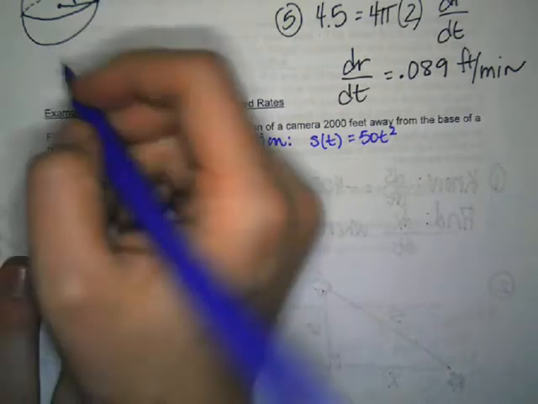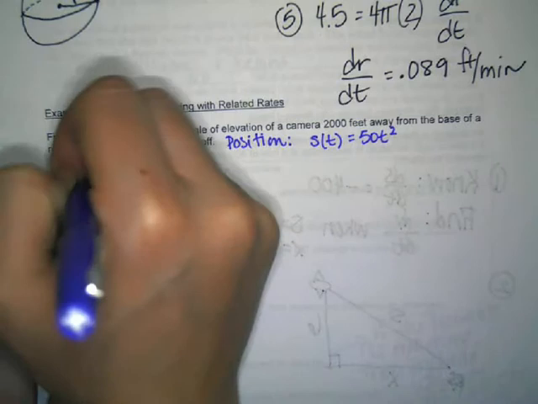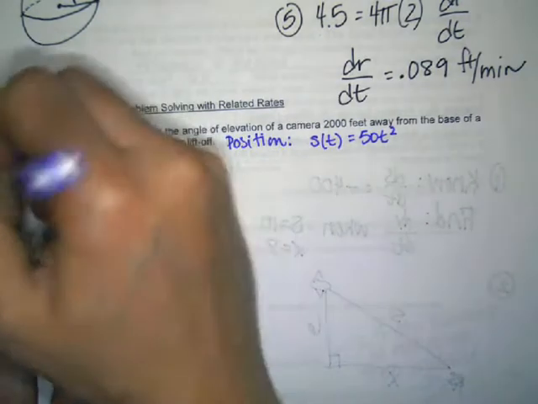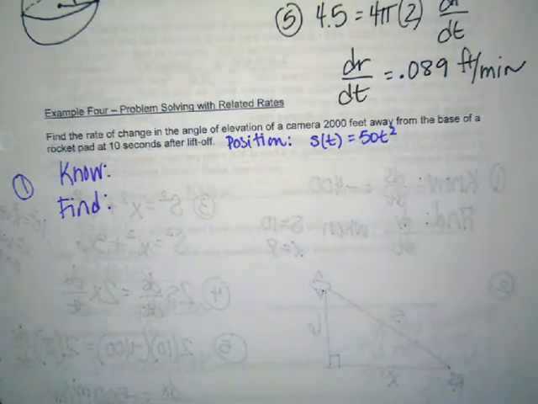Let's say what we know, which we might not know much right now, but we can probably figure something out. There's not a rate that I can write down, but I do know what I want to find. I want to find the rate of change in the angle of elevation. How do we usually label angles? With what kind of variable? Theta or x.